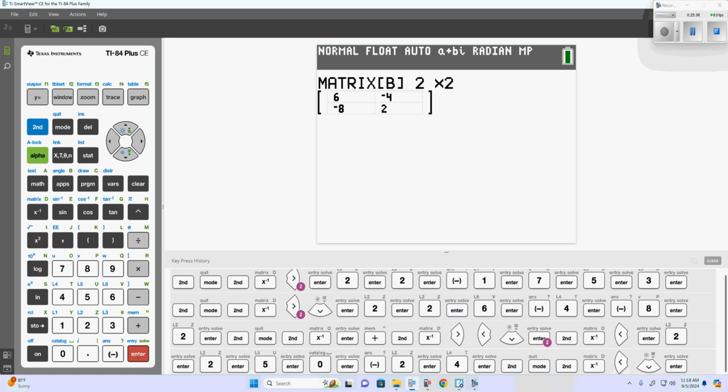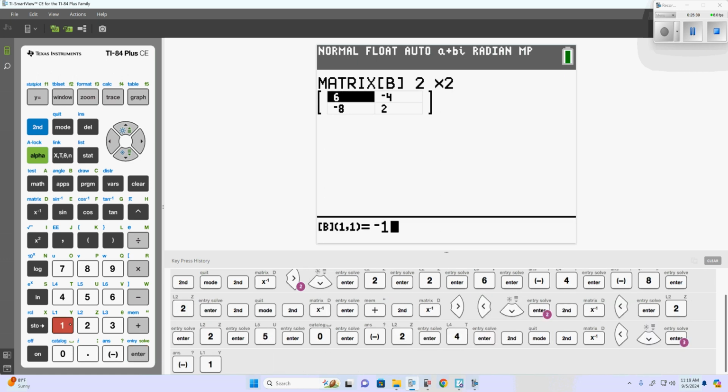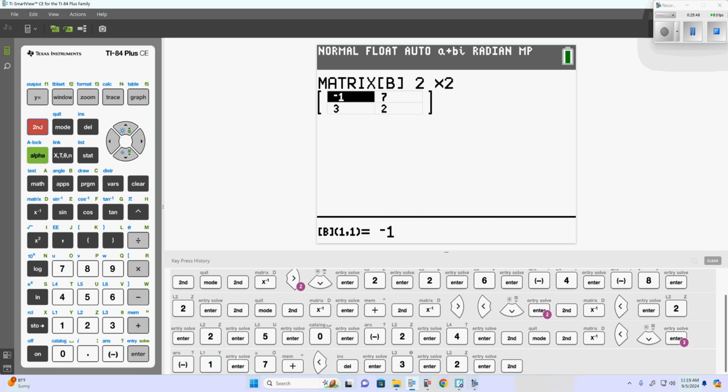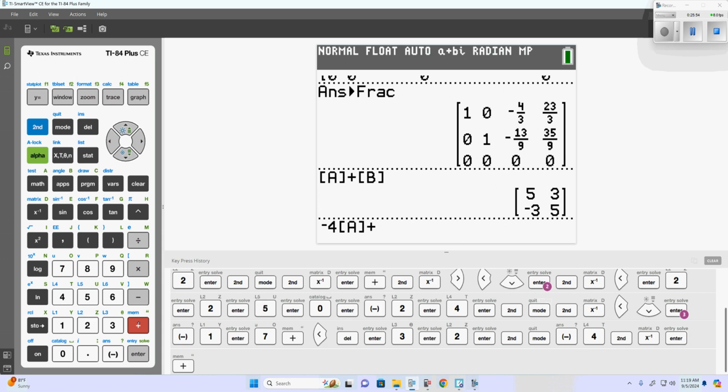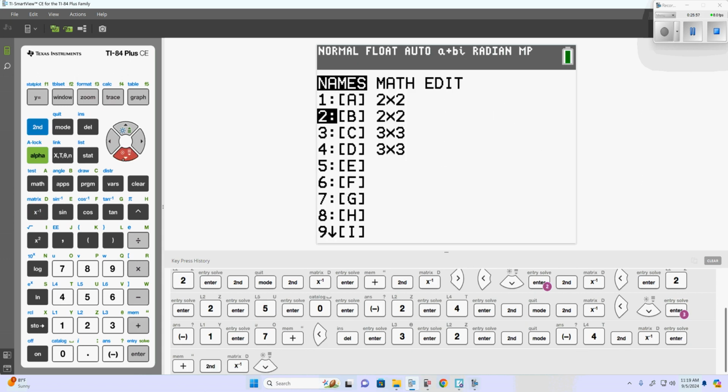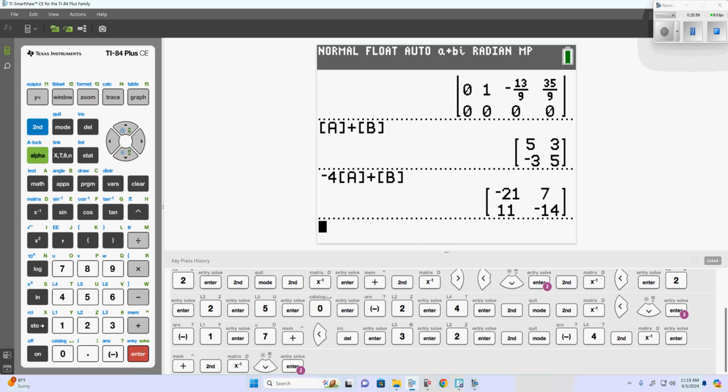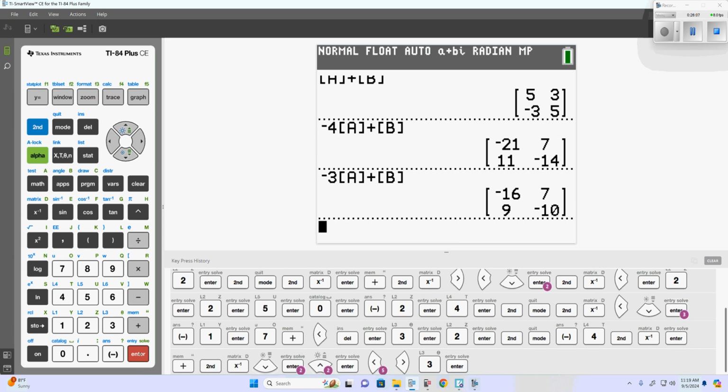Then I go to matrix B, 2 by 2, negative 1, 7. Thank you, it was a negative 4. So it does the same thing, and we can just type it in as we see it.